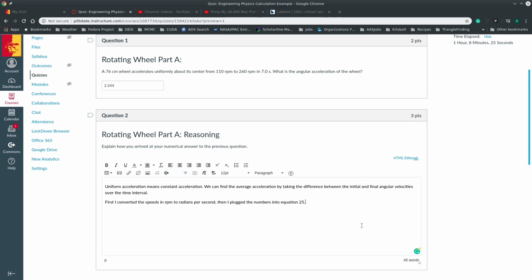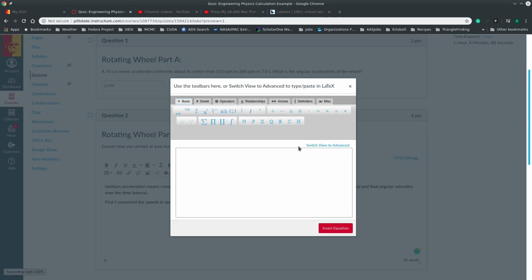Now, you could, if you really wanted to, potentially enter an actual equation into this so that you do have access to an equation editor. This little square root of x symbol here will bring up the equation editor, and you can format equations in here, but that will probably take too much time, so I don't really recommend that you do this.